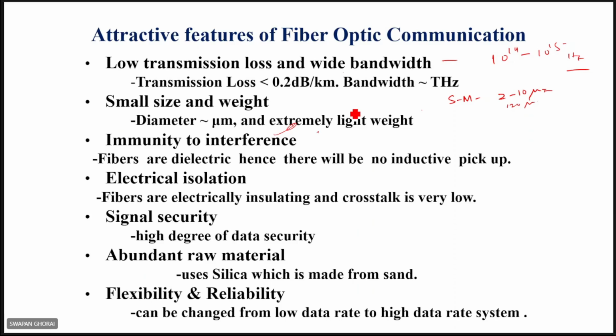It is also of great importance in aircraft, satellites, ships, and submarines, and in military applications, where lightweight cables are highly desirable. Typical dimensions I'll show you for SM fibers. Different types of fibers are there, such as SM, SI, and GI fibers.